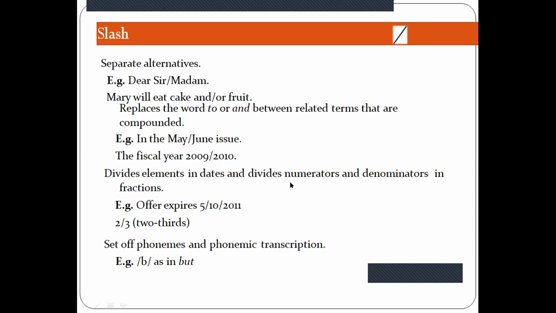Divide elements in dates, and divide numerators and denominators in fractions. Offer expires on 5/10/2011; 2/3, like that. It's clear. Set off phonemes in phonemic transcription. You go to the dictionary, you will see that.